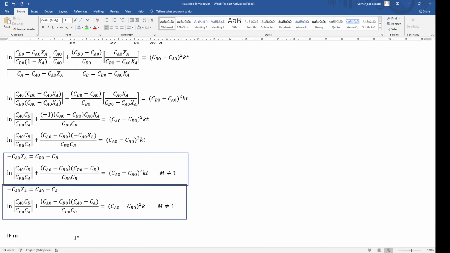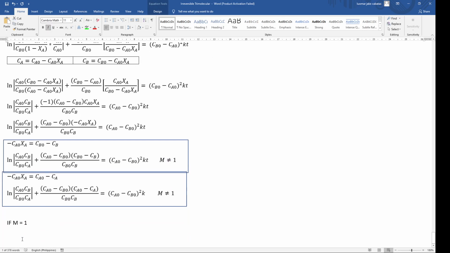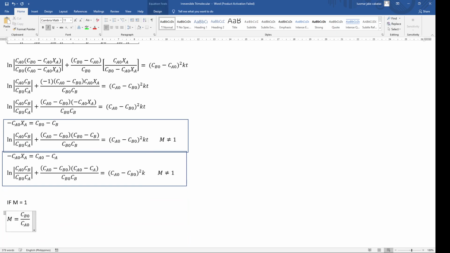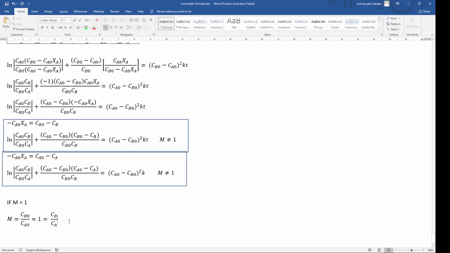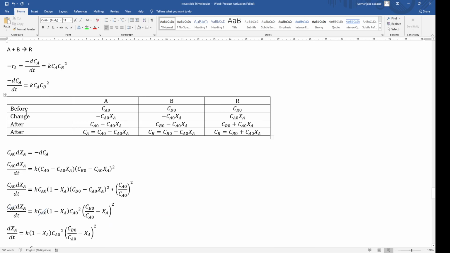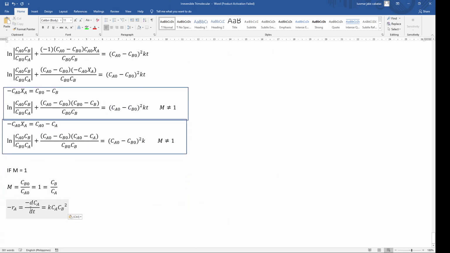And then lastly, if m is equal to 1, meaning at any given time, the ratio between C_BO and C_AO is equal to 1, or C_B is equal to C_A. So therefore, our equation, diba?